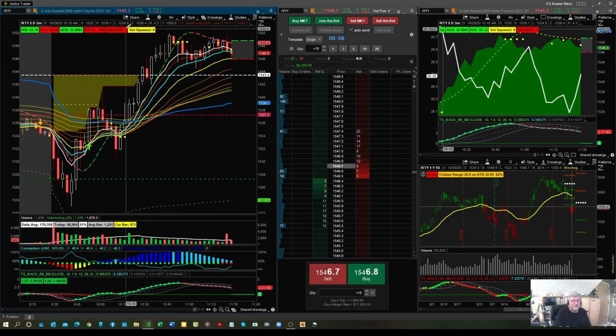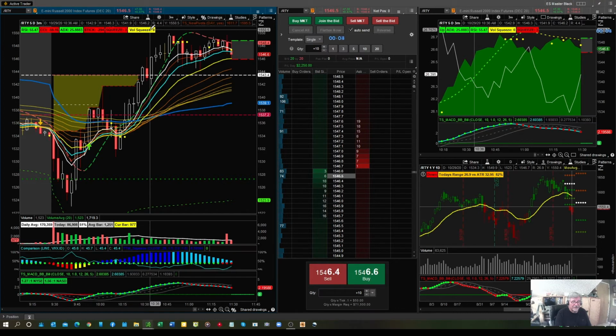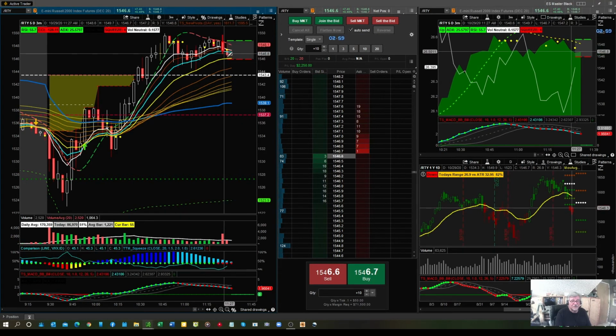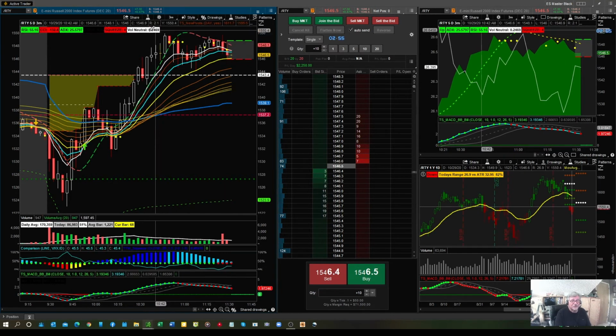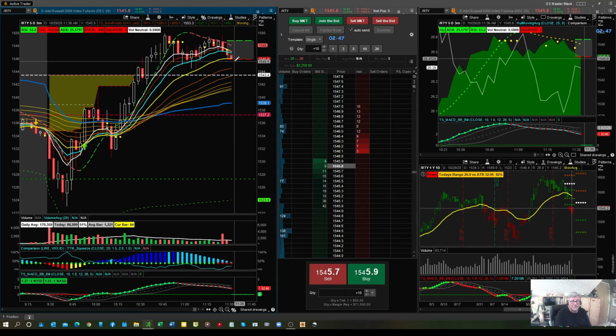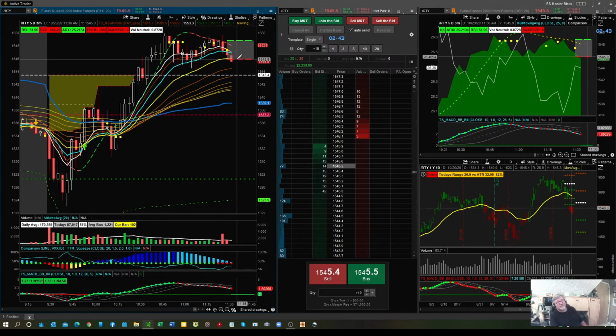It throws up a label, and it also shows you a box. When price starts to get into this box, you can expect it to turn yellow or neutral. Yellow means that there's a yellow dot in this range that is telling you you have a vol squeeze that's neutral.